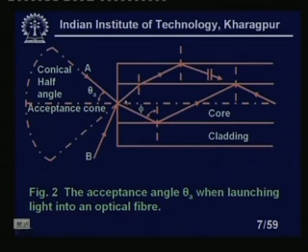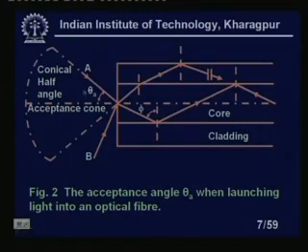So, this light will not get total internal reflection, it will be reflected within the core and it is lost. This will not be transmitted through the core, it will be lost in the cladding itself. Whereas, if the angle of incidence is within theta A, we will get total internal reflection within the core of the fiber. So, we must find what that is.